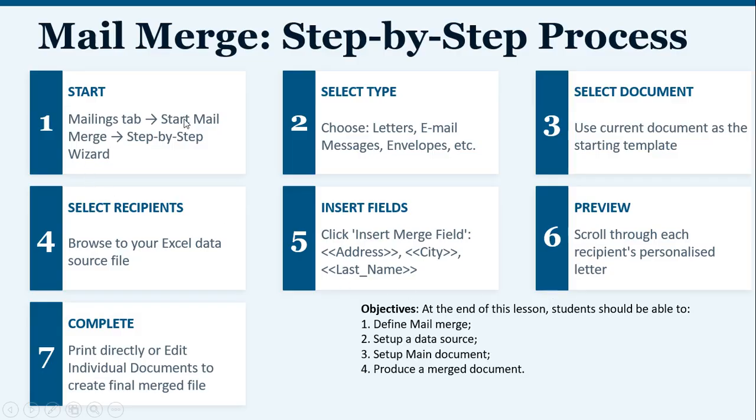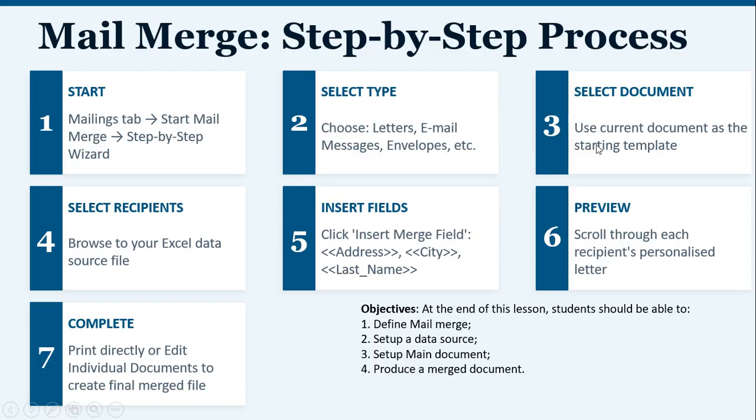Here are the steps. A quick look at the steps. You start by going to the mailing tab of MS Word. Okay, you start mail merge, then you go through the step-by-step wizard. In step 2, you choose whether you are doing a letter, email, or envelopes. Okay, there are several things you could do.